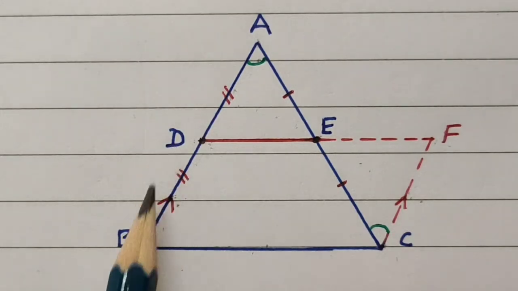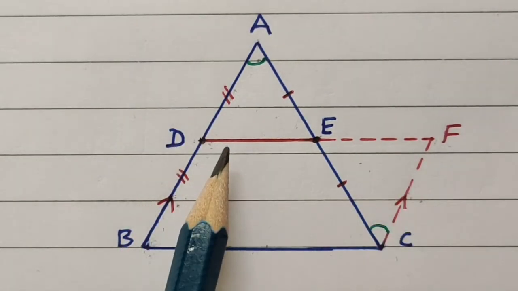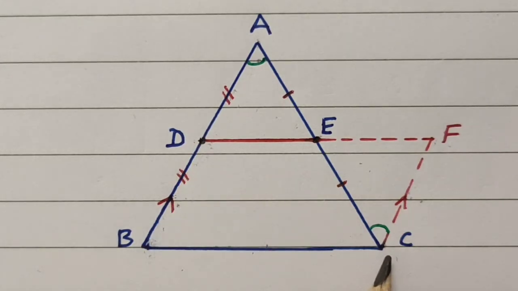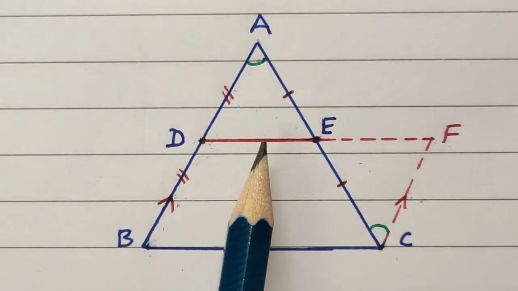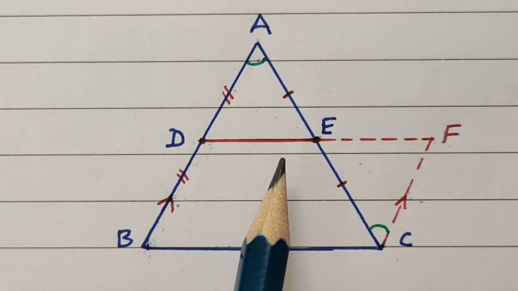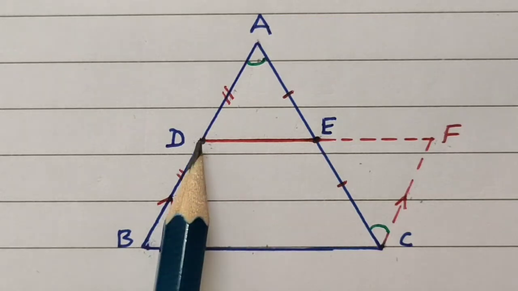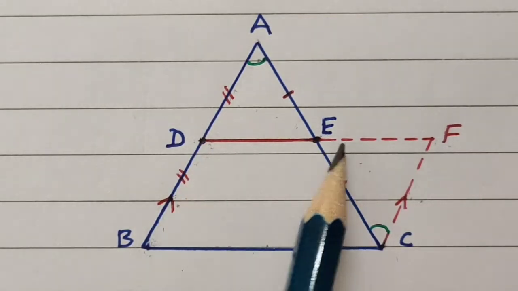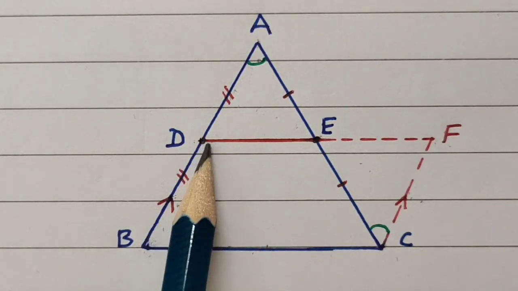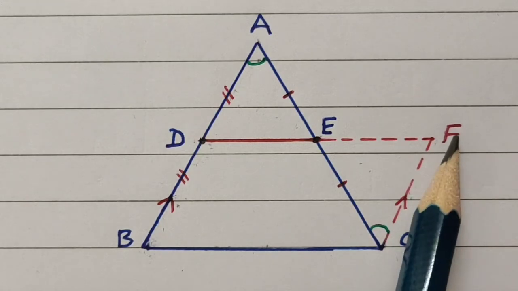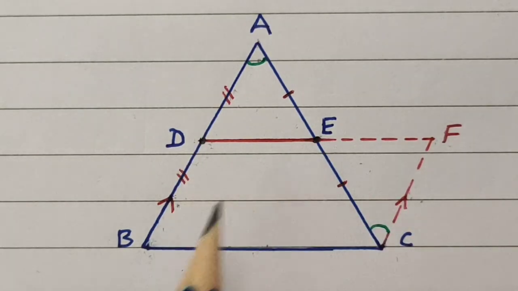Because DBCF is a parallelogram, DE is parallel to BC. That means the first condition of the midpoint theorem we have proved: a line segment joining the midpoints of any two sides of a triangle is parallel to the third side.